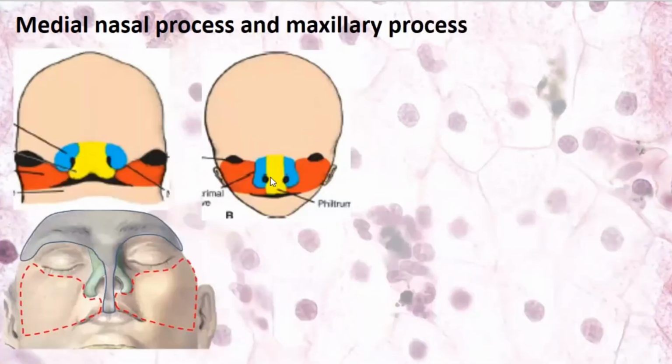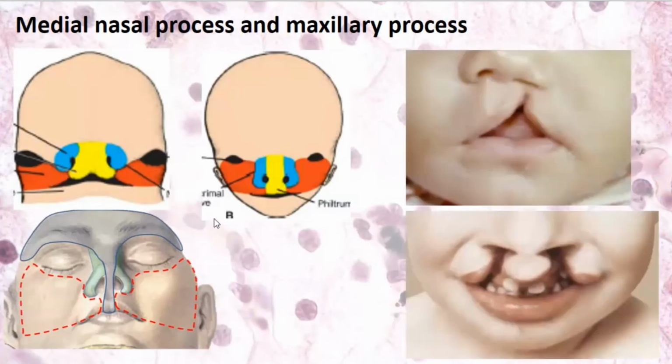Next, medial nasal process. This one is shown in yellow. It is fused with maxillary process in this region on two sides, and there are two places of fusion where two processes are attached to each other. Here we can see the midline, and on two sides we have two places of fusion.